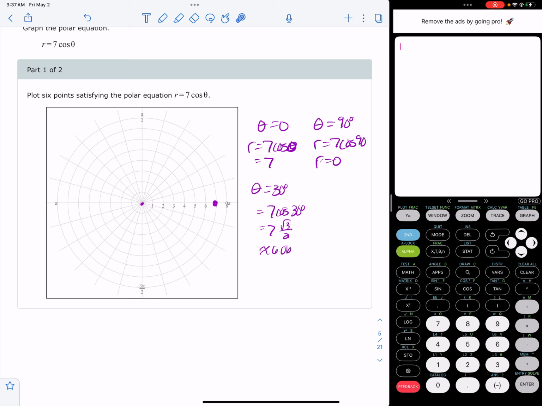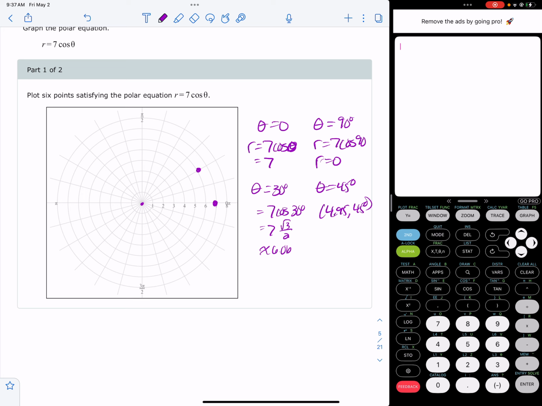So at 30 degrees, which would be 15, 30, 45 here, I would go out to 6.06. So something like that. And so you'd continue this process. At 45, it's about 4.95.